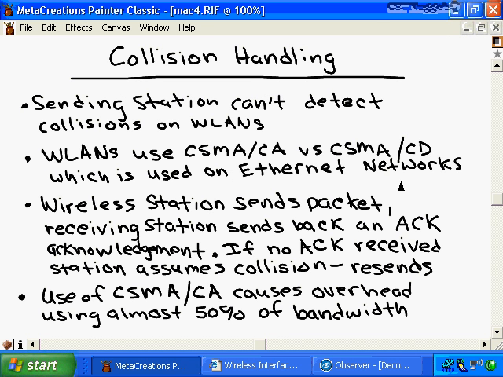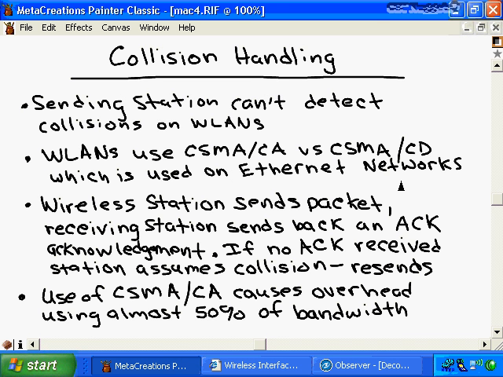So the key difference between these two rules is that with CSMA-CD on an Ethernet network, the network is being monitored all the time to detect if a collision has occurred. If no transmission is taking place, a node, a host on the network, can transmit its data, those frames.